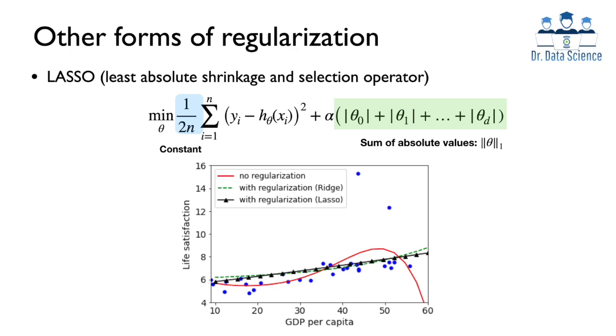Obviously these two are different, and in practice you may want to try both and see which one works better. A main advantage of using Lasso is that it is more likely to find parameters that are exactly equal to 0, right? So that's why they use Lasso for feature extraction also.